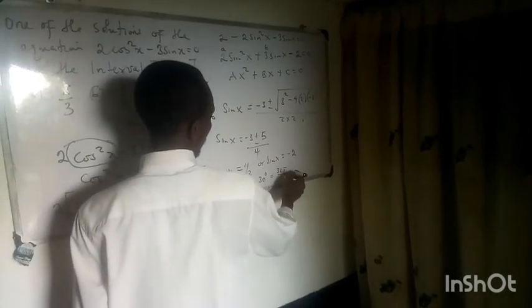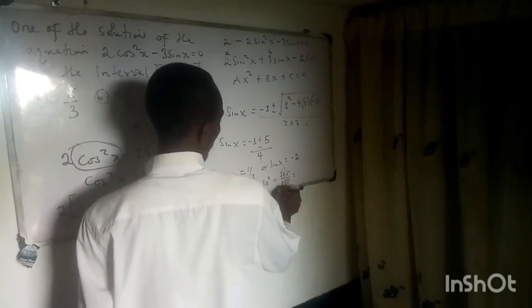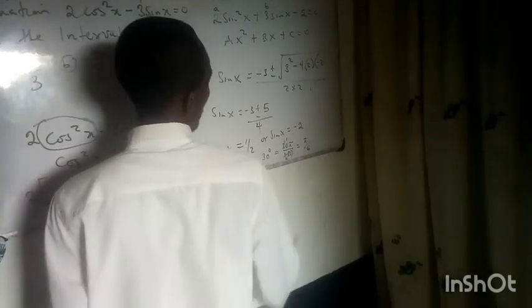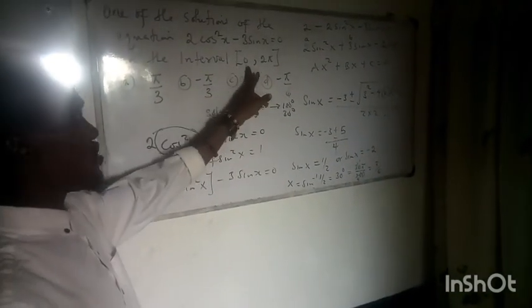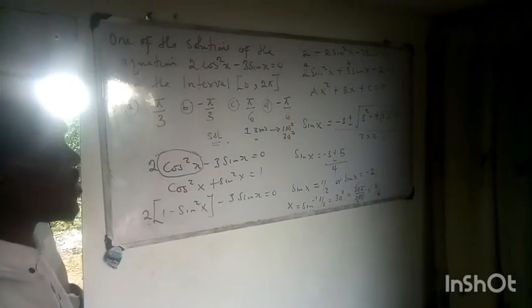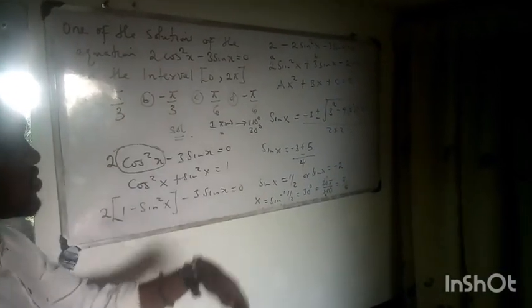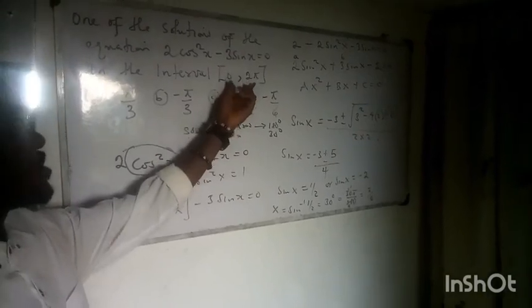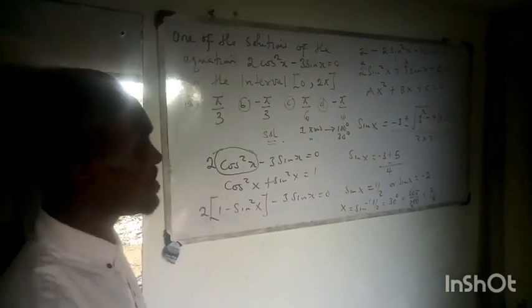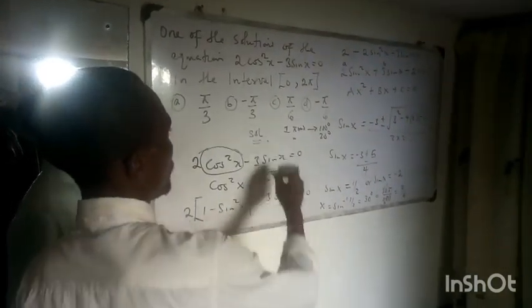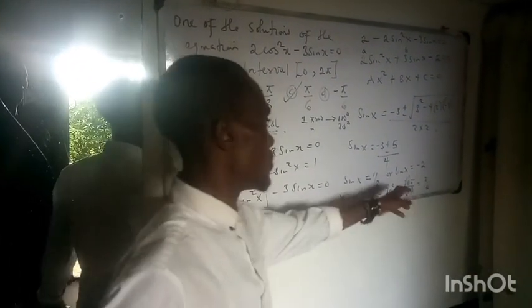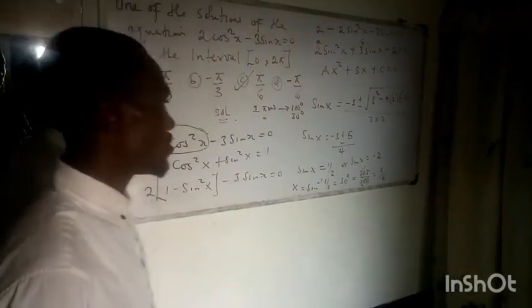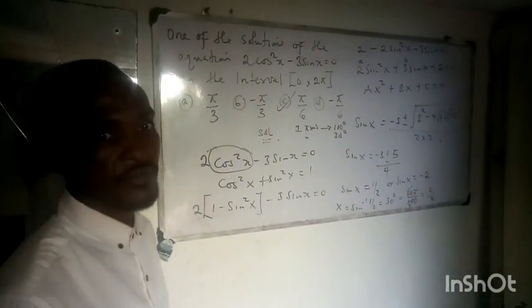So this cancels, this here 1, this here 6 is pi over 6, which lies in this particular range, because this is from 0 degree to 360, and 30 degree is within this particular interval. So the answer is this, which is one of the solutions. This will also give us another solution.